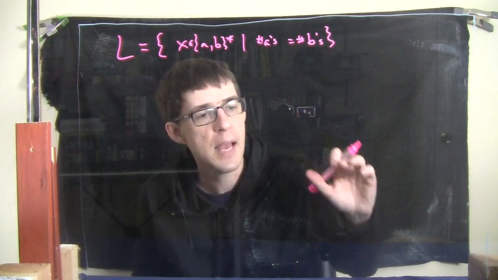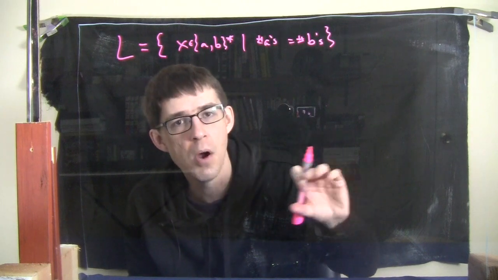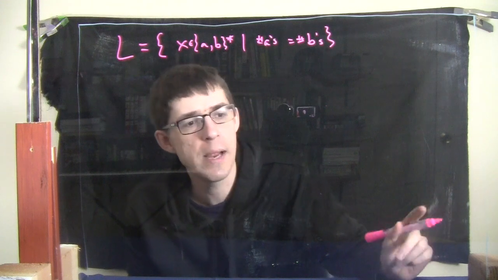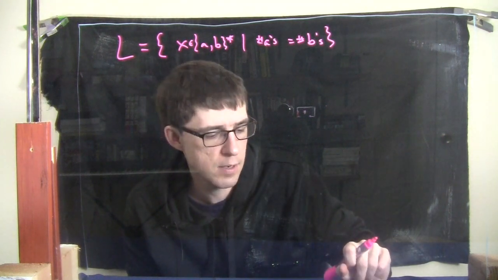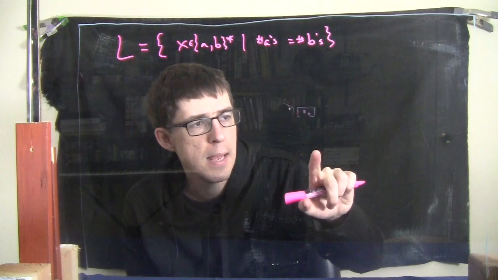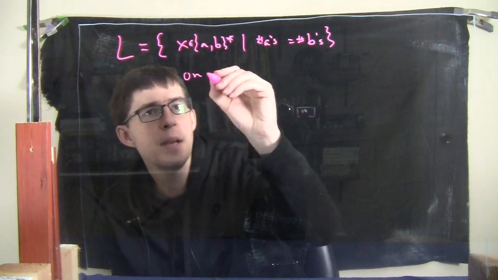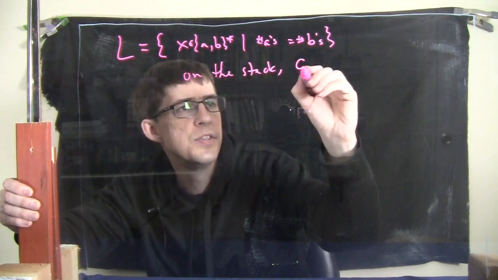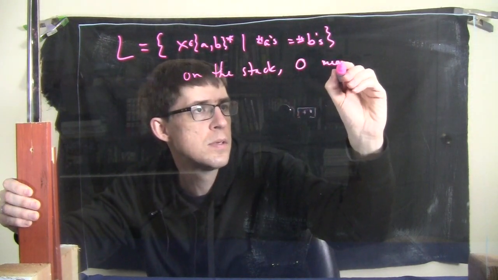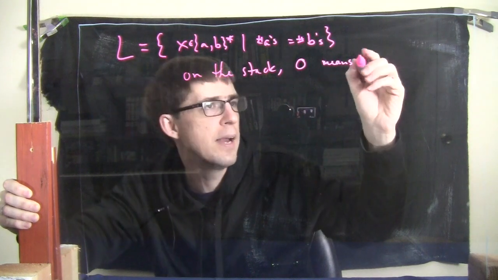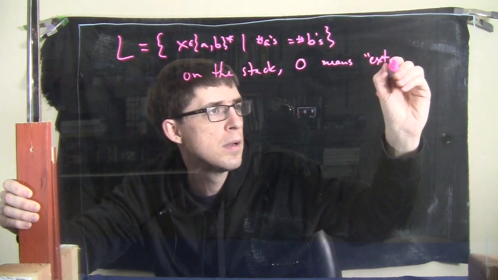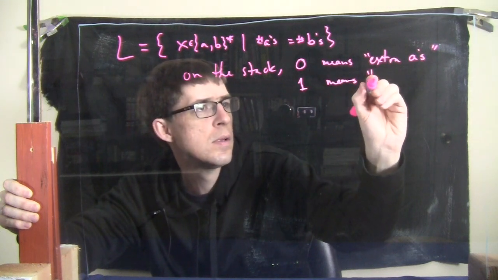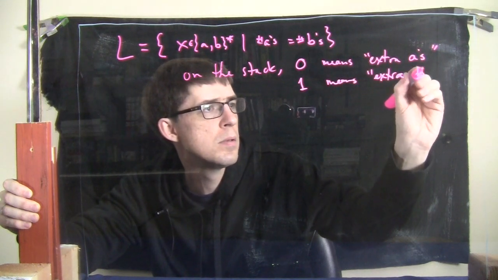The stack is going to somehow count if we have extra A's or extra B's as we're reading across the string, all right? So here's my idea. On the stack, a 0 means extra A's, and a 1 means extra B's.